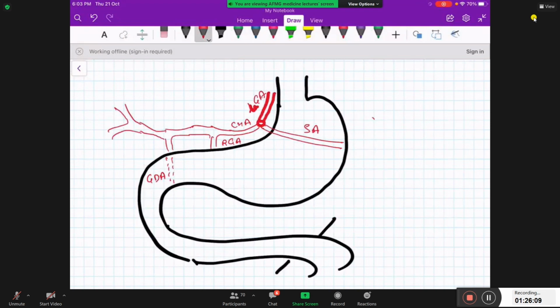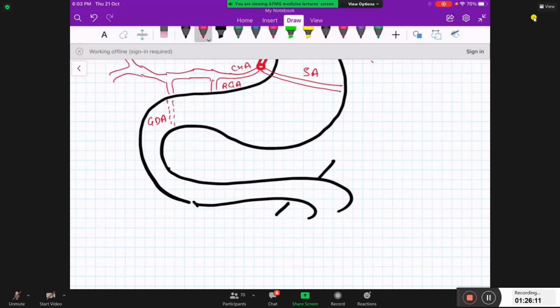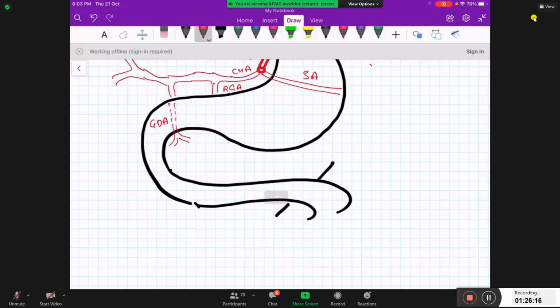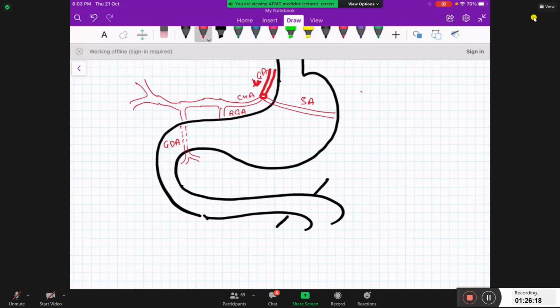You know that. Now this gastroduodenal artery gave rise to two branches. What are those two branches? Superior pancreatico-duodenal artery. Superior pancreatico-duodenal artery. What is this artery? Right gastroepiploic artery.